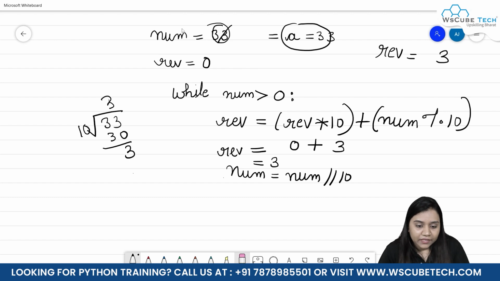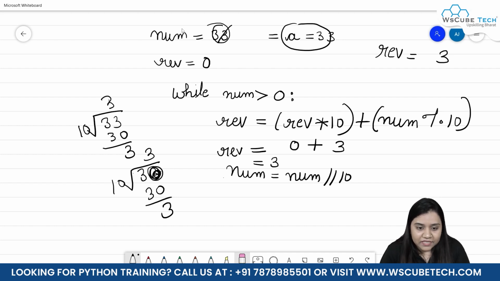So 33 when divided by 10 gives me the quotient 3. So one 3 will be removed from here. That means it will be eliminated from here. Okay. It gives me the quotient 3. That means from this one 3 has been eliminated. Okay. So now inside our number one 3 has been eliminated and it is only left with 3.